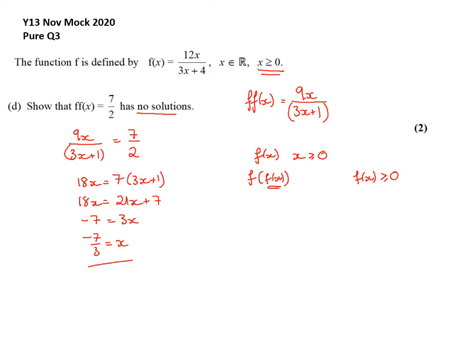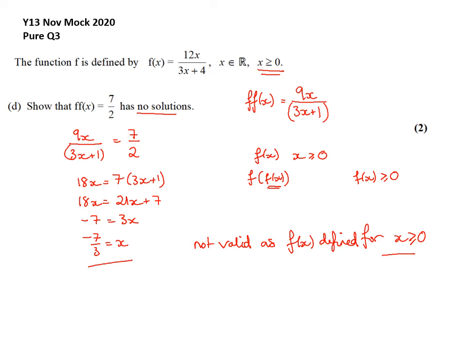So my solution of x being negative 7/3 is not valid, as f of x is defined for x greater than or equal to 0.